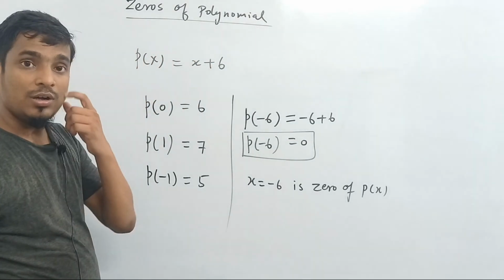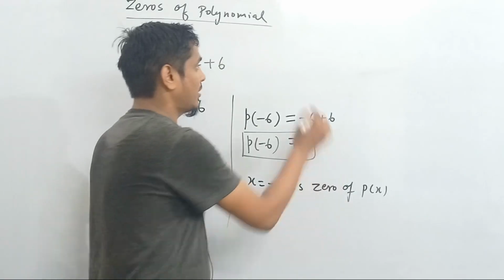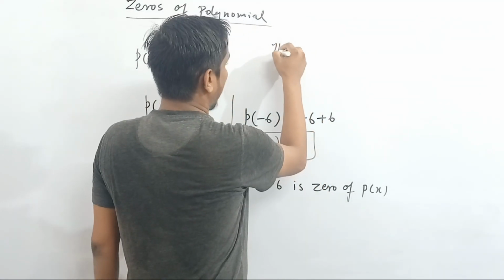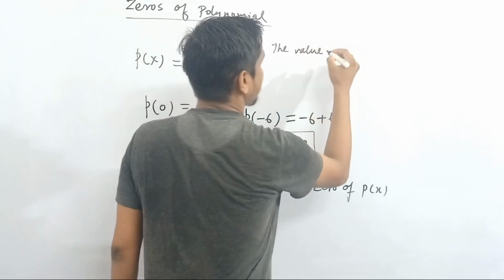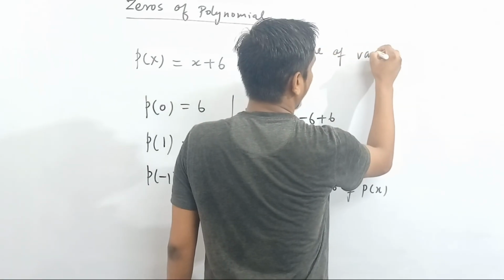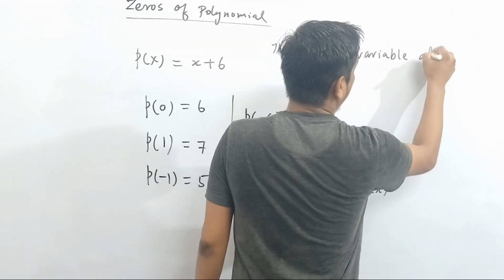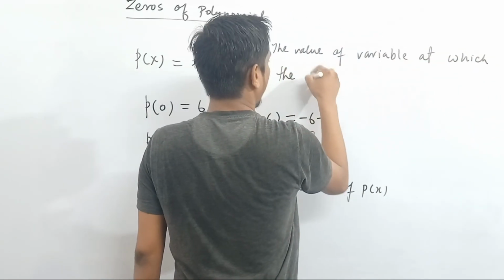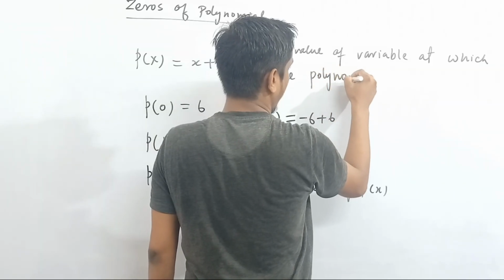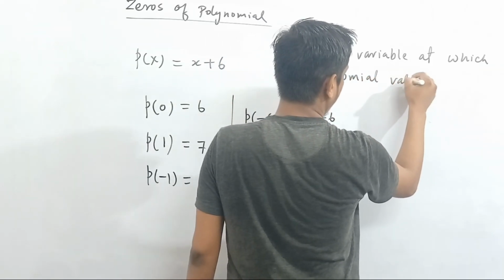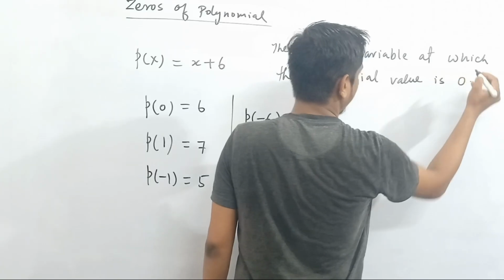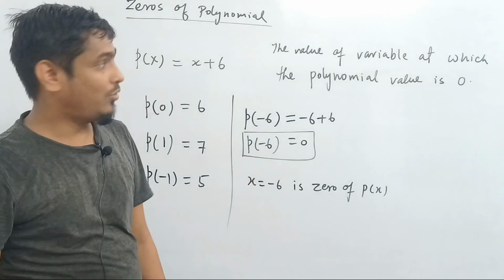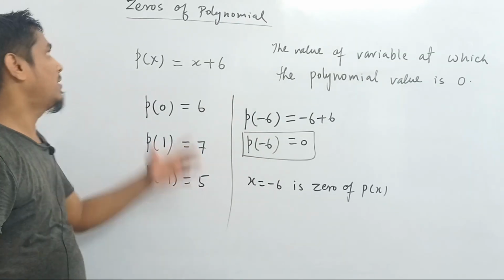So write down the definition. What is the meaning of zero of polynomial? The value of variable at which the polynomial value is 0. The value of variable at which the polynomial value is 0, that value of variable is known as the zero of polynomial.